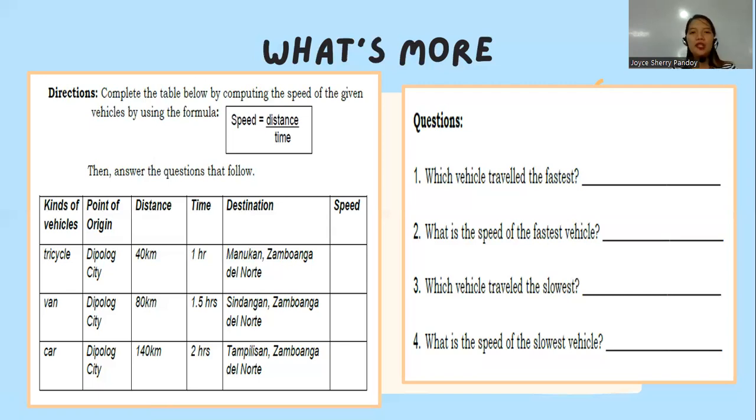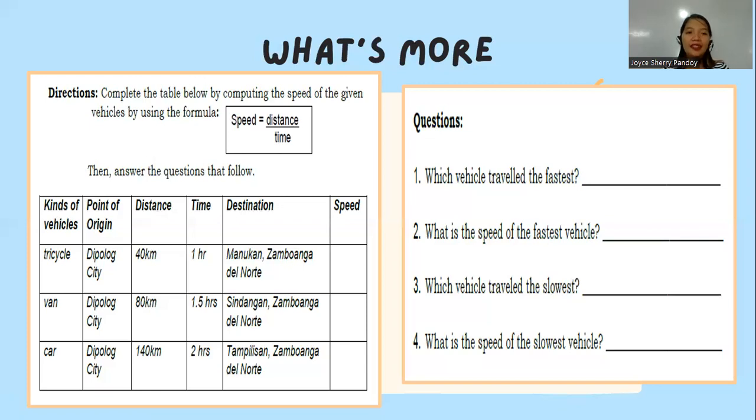Now, to calculate the speed, we are going to divide the distance traveled, which is, palihog sulat sa inyong papel or scratch paper, 40 kilometers divided by 1 hour. So what is the speed of the tricycle? Okay, that's right. It's 40 kilometers per hour. That's the speed of the tricycle.